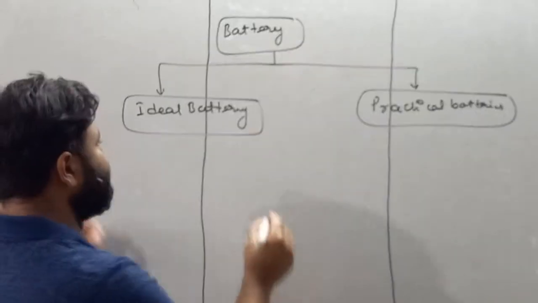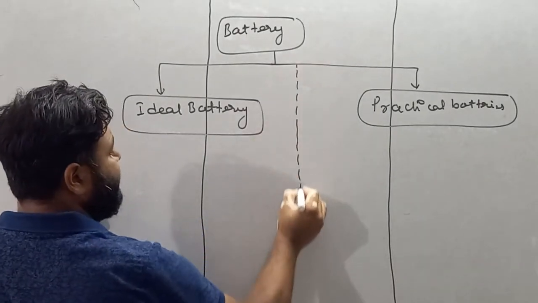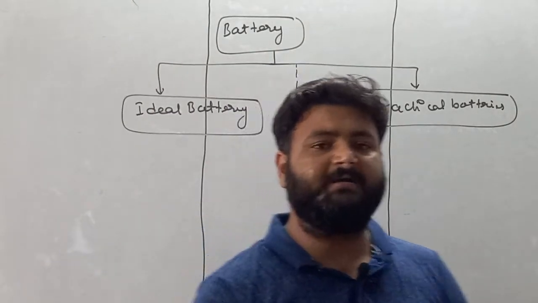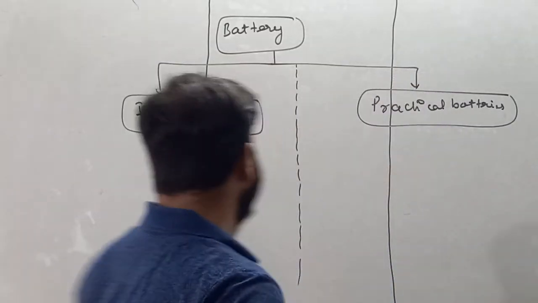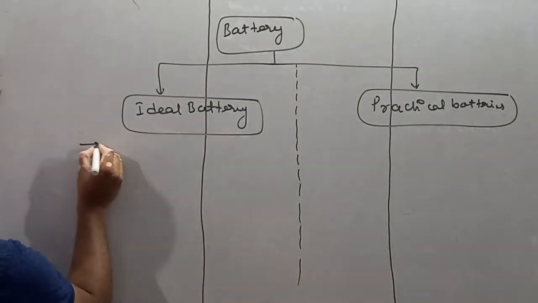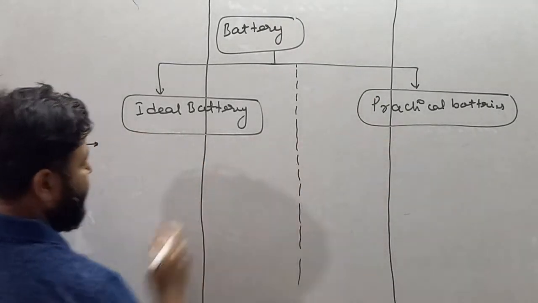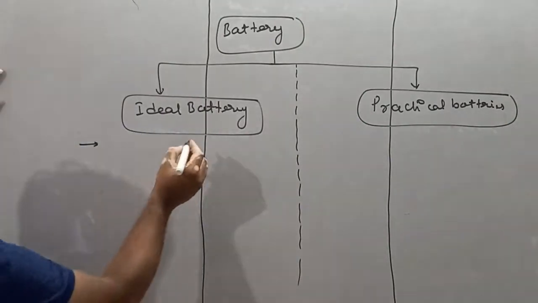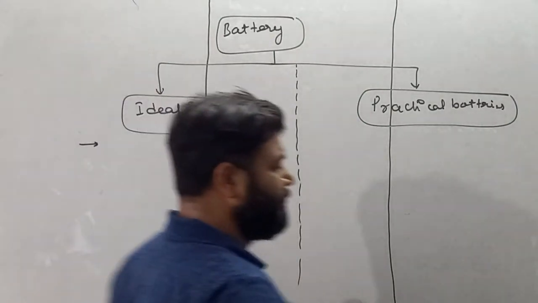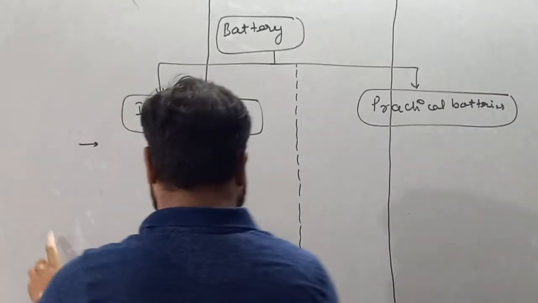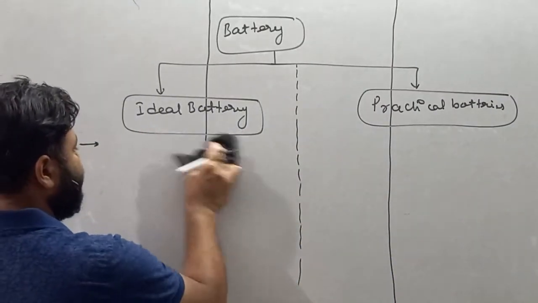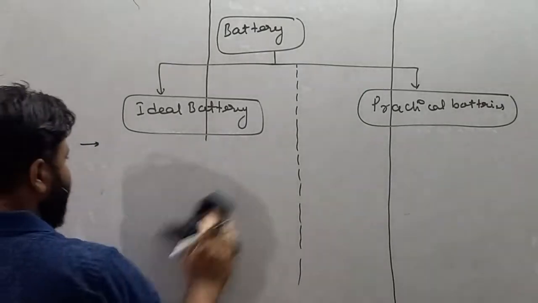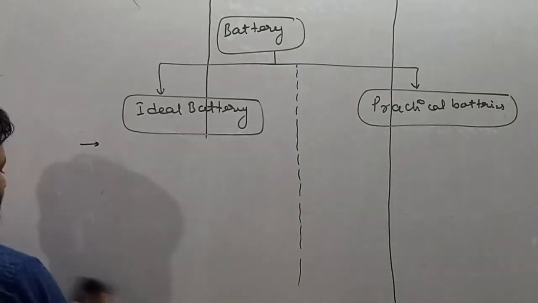So the basic difference between ideal battery and practical battery is that the battery which is made in a circuit is called an ideal battery. Ideal batteries are those in which only terminals are present, and we know that for any battery two terminals are there, one of higher potential and another of lower potential.